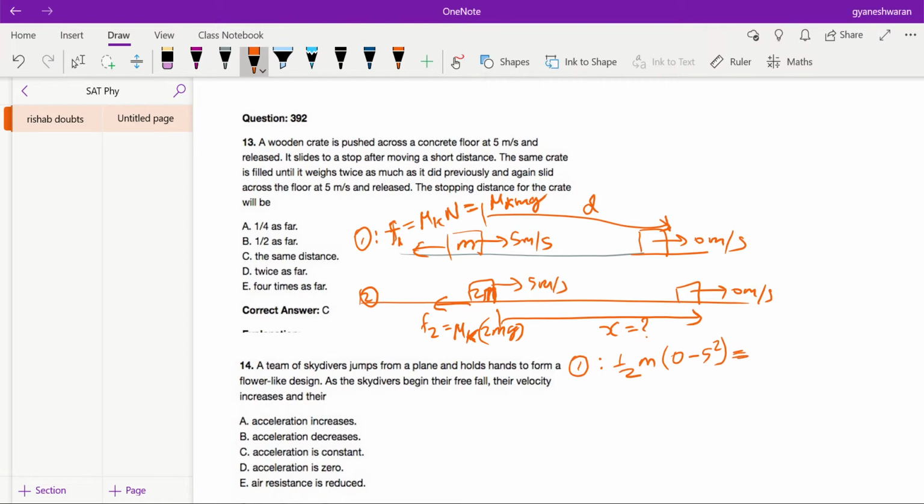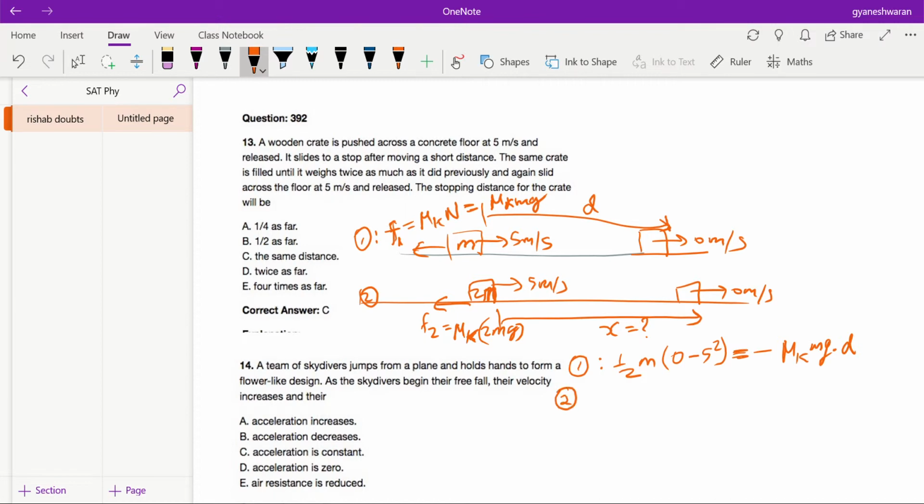That will be equal to the work done, which is going to be negative because friction is opposite to the displacement. The angle between the force of friction and displacement is 180 degrees, so cos 180 is minus 1. So work done by friction is negative. It will be minus mu k mg into d.